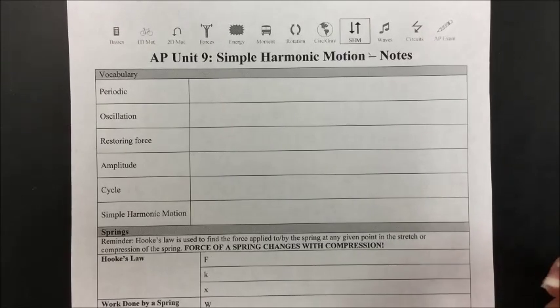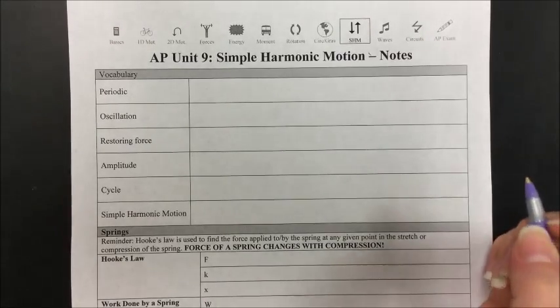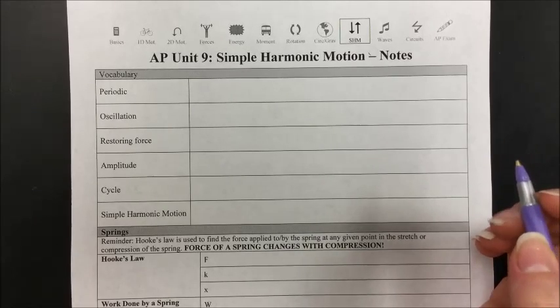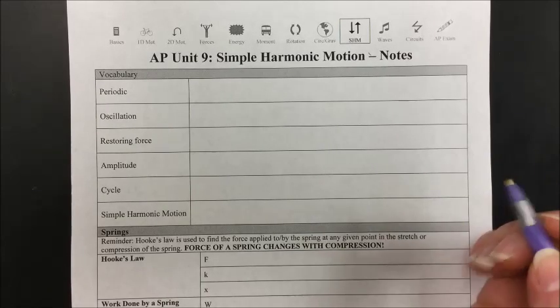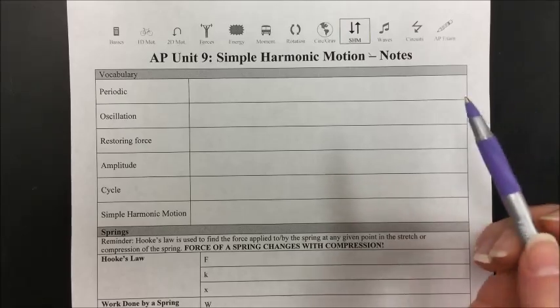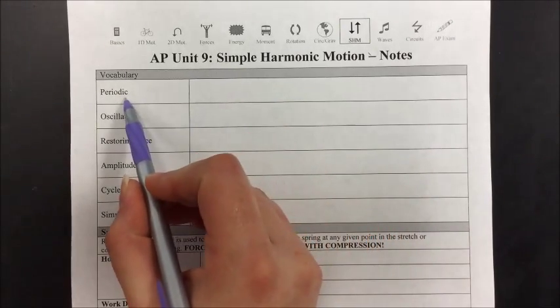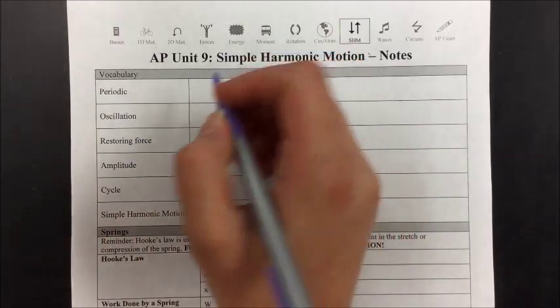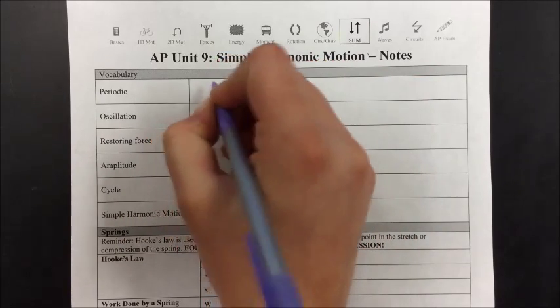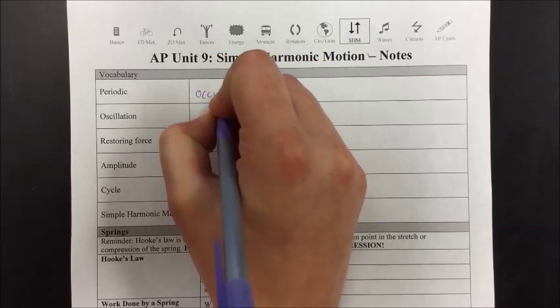We are going to go over the notes for simple harmonic motion, and we need to go through some vocabulary before we get into the formulas. So when we say that an object has periodic motion, we mean that it occurs in intervals.